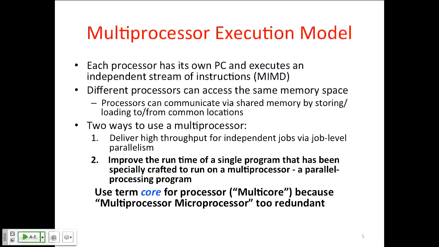A bit of terminology. A little while ago, when people started building more than one, the chip that you had your processor on was just called the processor, because there was only ever one processor on there. As they started adding more processors, they needed another name. They couldn't keep calling it the processor chip because they had more processors on there. So what they started to do was call the chip the processor, but call the individual processors on there cores.